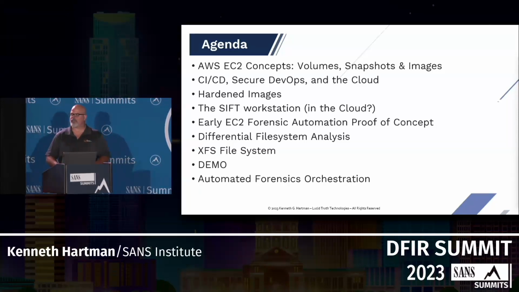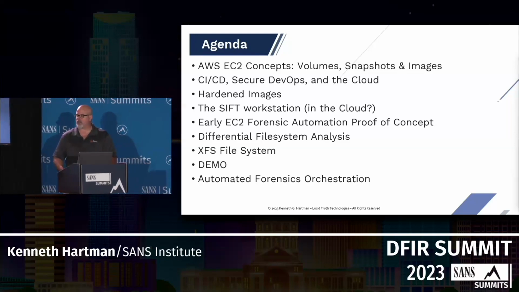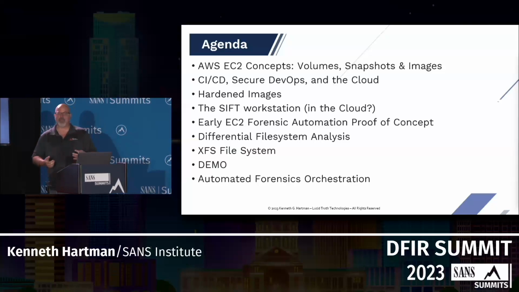But I think this technique is applicable pretty much everywhere, all clouds, anything that makes a snapshot, including VMware snapshots, and for that matter, anything that can make a point-in-time backup. So even if you don't work in the cloud, stay tuned because there's something in here for everybody. And then I'll wind up talking about how we can use these concepts for more automation.